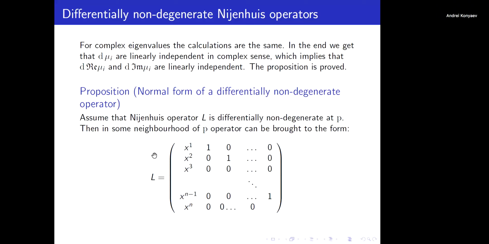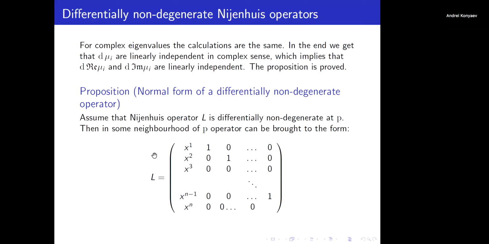Here it is. So now the next proposition implies that the form we have met earlier in dimension 2 is the universal form of the Nijenhuis operator around a differential non-degenerate point, right? I wrote you that form.